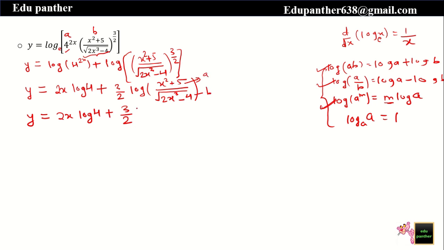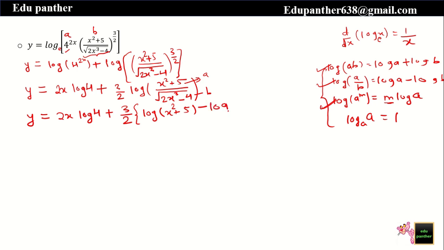Since this 3 by 2 will be multiplied in this term, we have to use a bracket. So 3 by 2 times log of a, and a means x square plus 5, minus log of b.